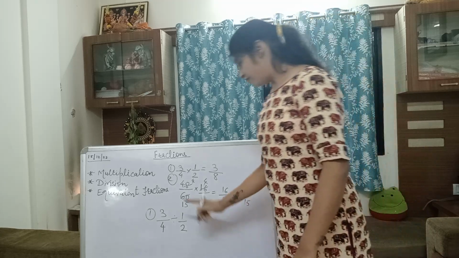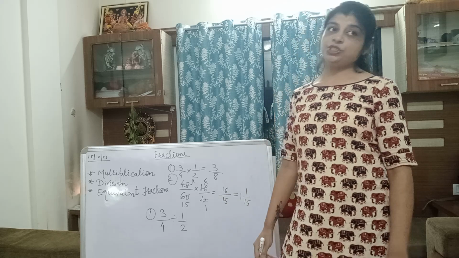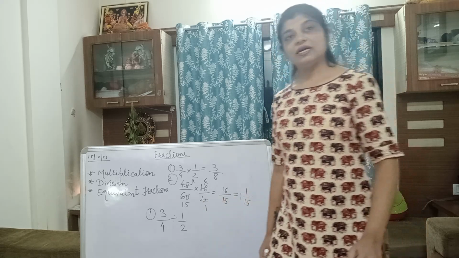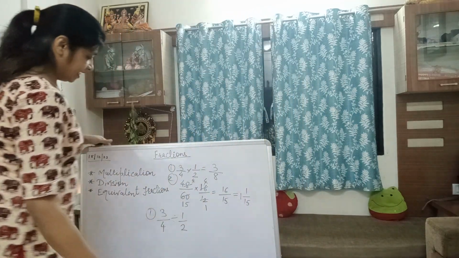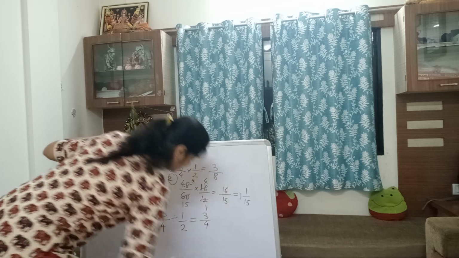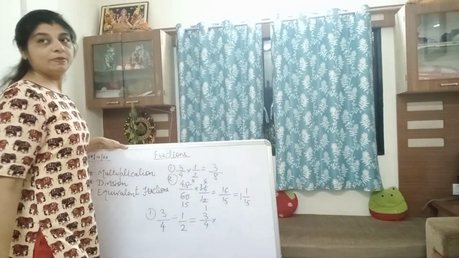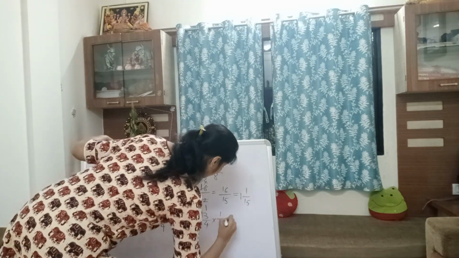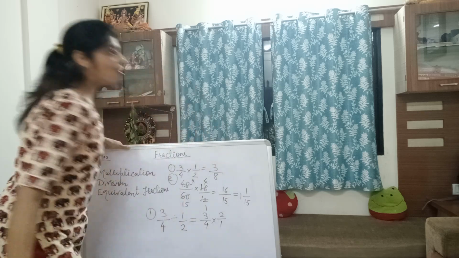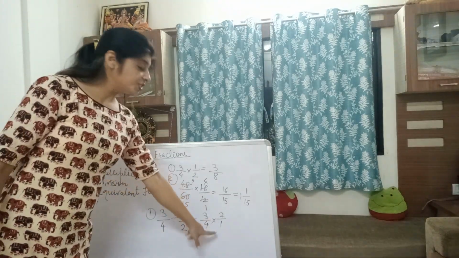How? Keep the first fraction as it is, convert division into multiplication, and take the reciprocal of the other fraction. See how. So this equals 3 by 4 as it is, division converted into multiplication, and the next fraction reciprocal means interchanging the positions of numerator and denominator. So 1 by 2 becomes 2 by 1.